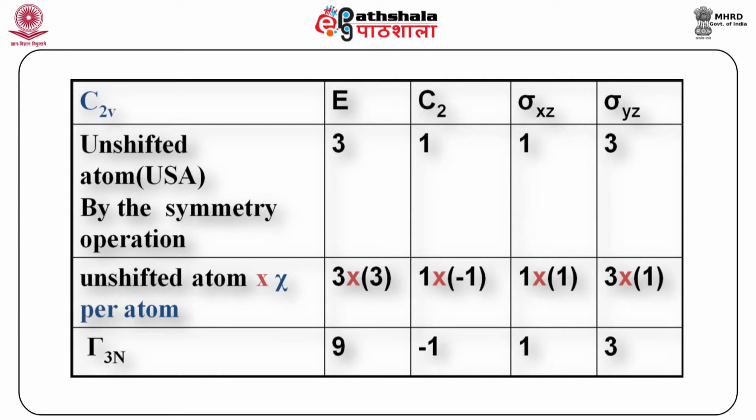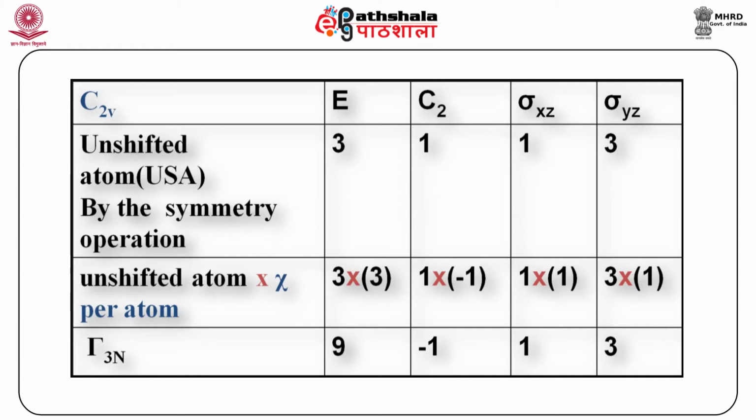Only one atom is unshifted. I multiply with minus 1 because the character for C2 when I take 3 vectors as the basis is minus 1. So 1 into minus 1. Sigma xz, unshifted atom is 1. And what is the character for sigma xz when I take 3n vectors as the basis? It is plus 1. So 1 into plus 1.